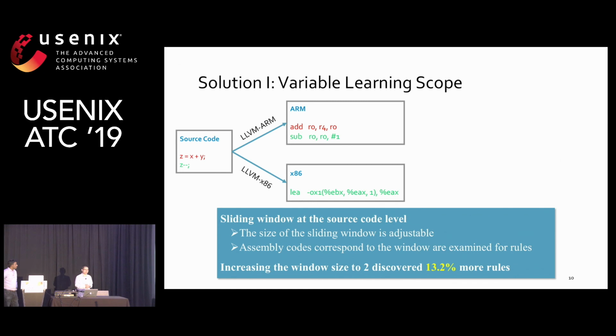The major observation is that, as I mentioned, the binaries compiled from the same source code are semantically equivalent. That's a very intuitive observation of the compilation process. And I think that's the most important thing we rely on to develop this learning-based approach and also the learning-based translation. Okay, thank you.